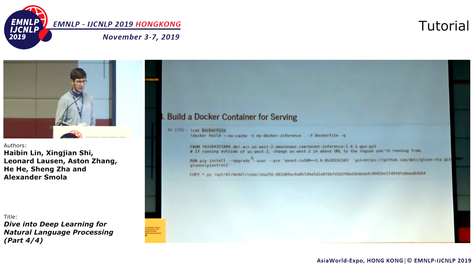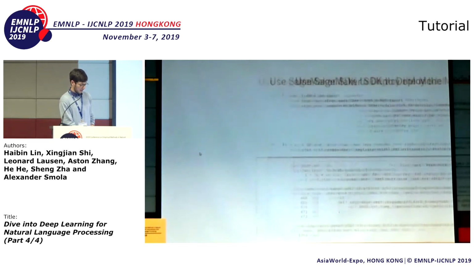For AWS, they have different data centers around the world, and each of them is independent, so that if one of them has an issue and goes down due to fire or whatever, other regions would still be independently working. So we specify the region that we're currently operating in. And we run a small command to install the right version of MXNet and of GluonNLP. And then we build this Docker container.